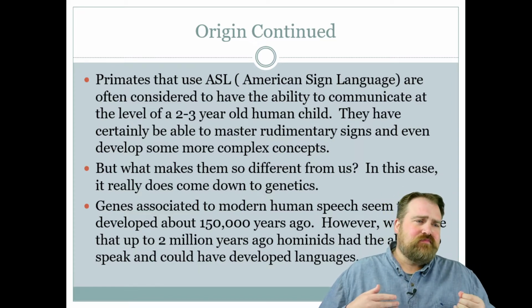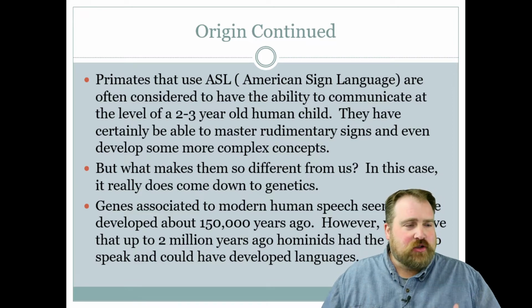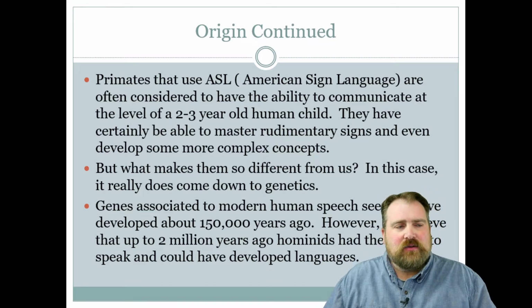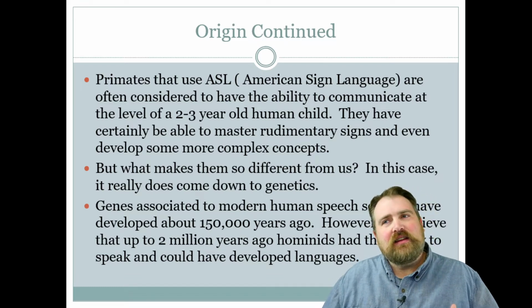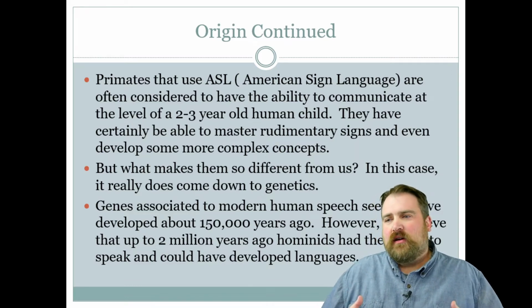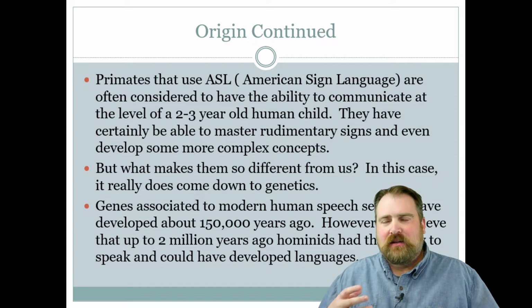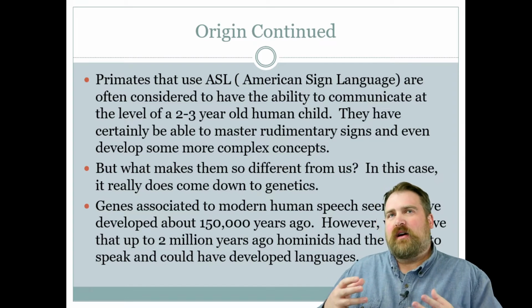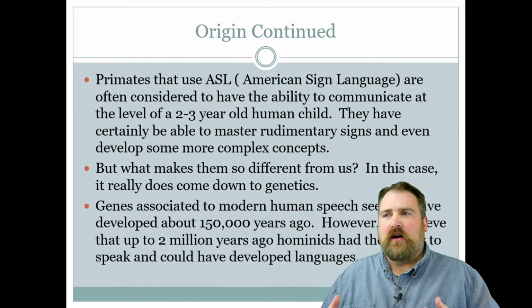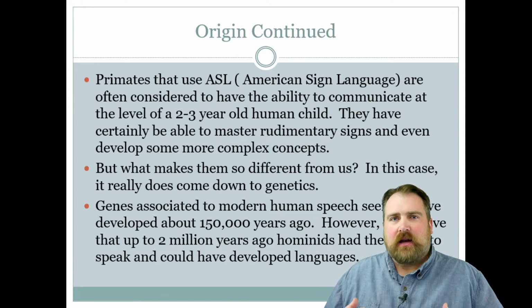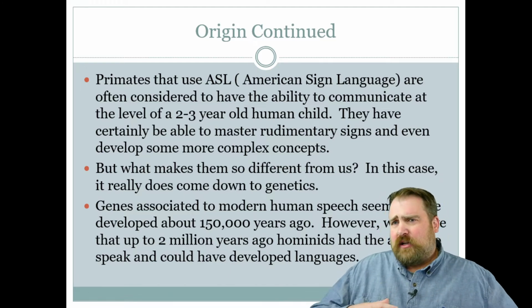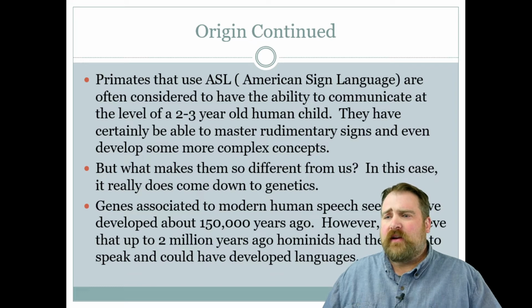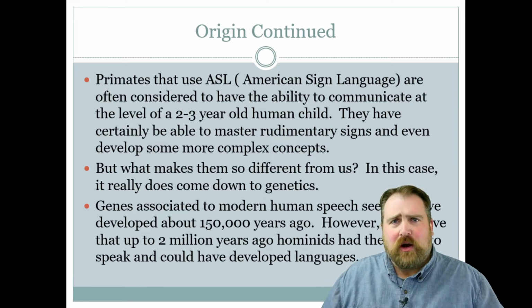So we have to look at the biological aspects of this. If we go back about 150,000 years ago, we see the current iteration of Homo sapien development, so that our modern speech patterns are there and capable. It's not that we didn't have it before so much, but that's about the point where we figure we landed on where we are now.